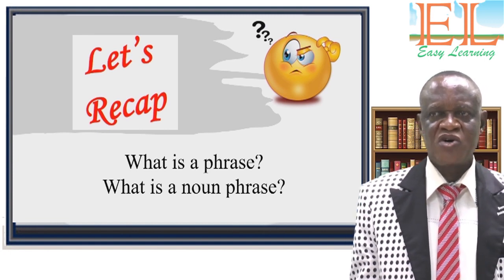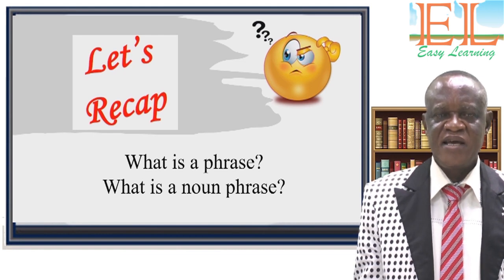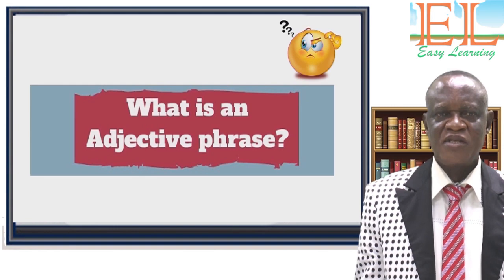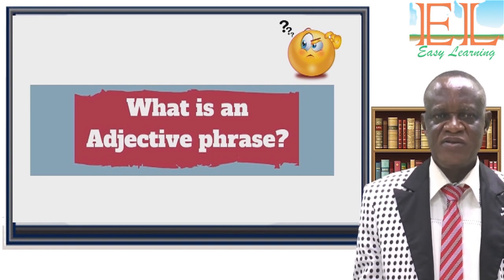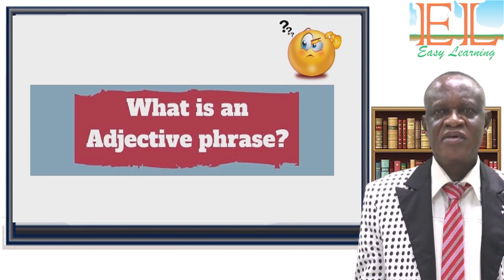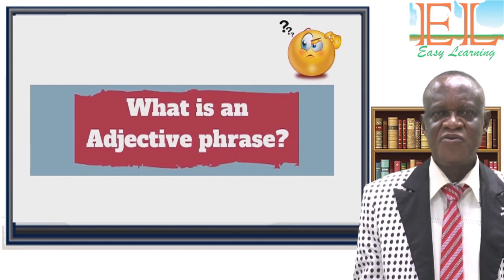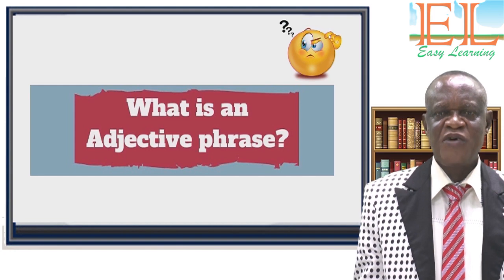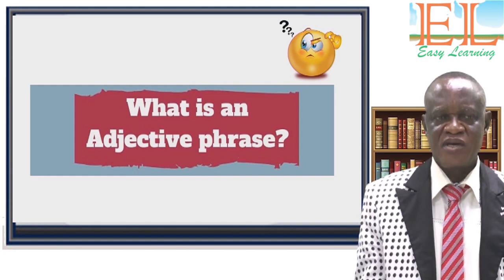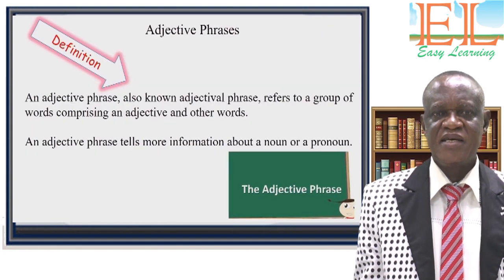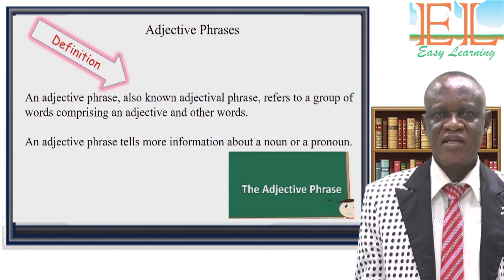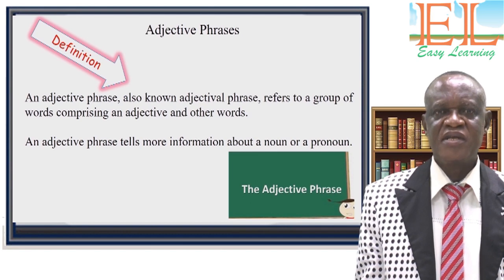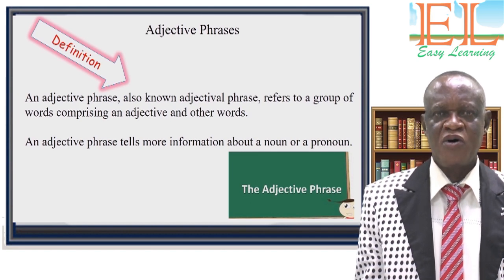This lesson focuses on the adjective phrase. What is an adjective phrase? The definition for the adjective phrase is: it refers to a group of words comprising an adjective and other words, and it gives more information about a noun or a pronoun.